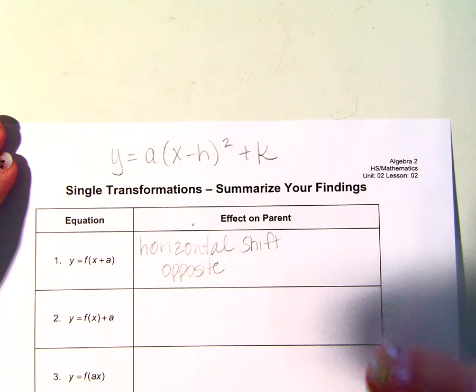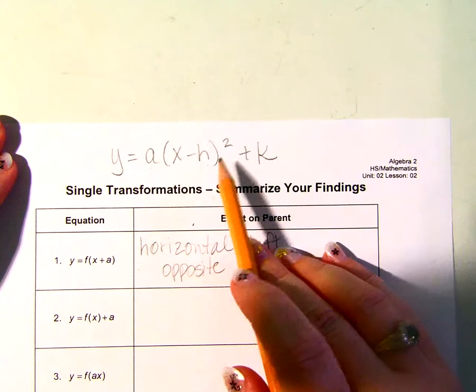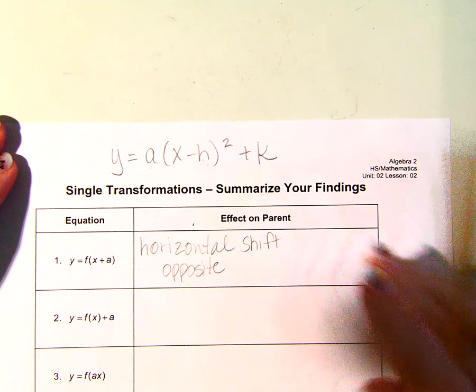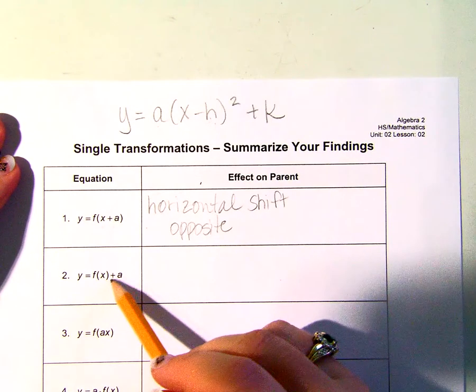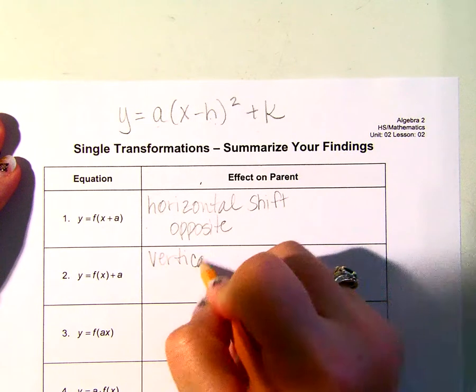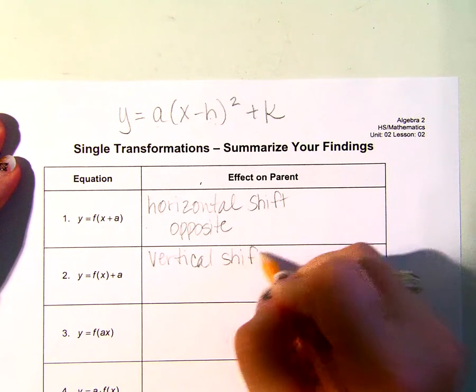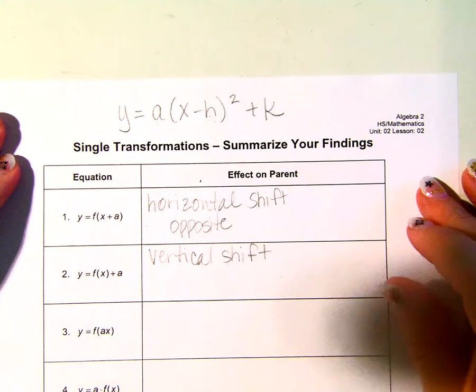I was not even born. But we use a K, so we're going to say H is going to be horizontal and K is going to be the vertical. But it's something being added or subtracted, so it's going to be a vertical what? Very good. Vertical shift. Again, remembering your F's are important.